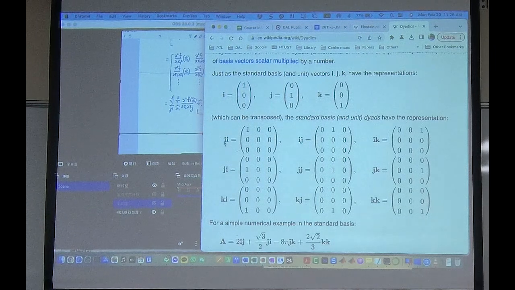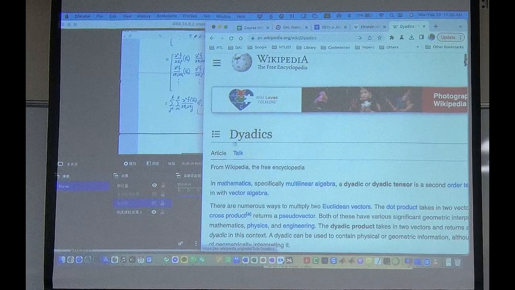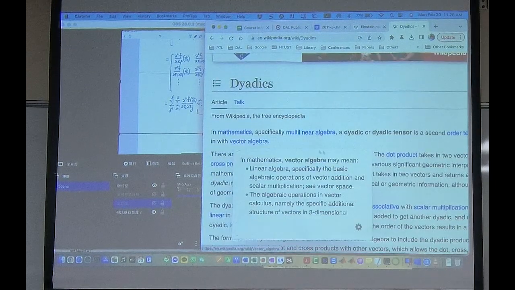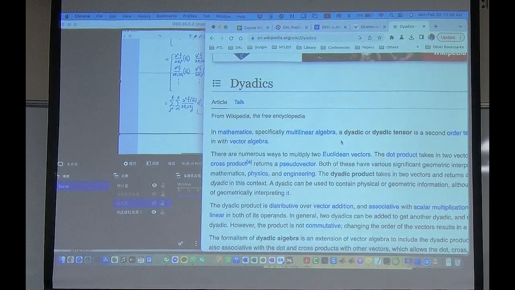So if I write e1, e1, if it's a 3 by 3 matrix, only the first one is 1. e1, e2 is this guy. Okay, it's called the dyadics. Every time I write a paper, I forget.